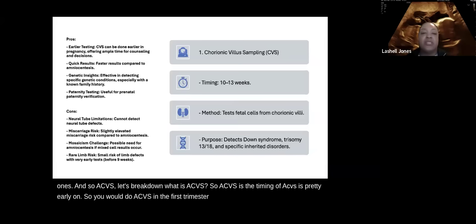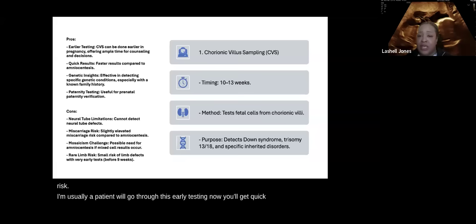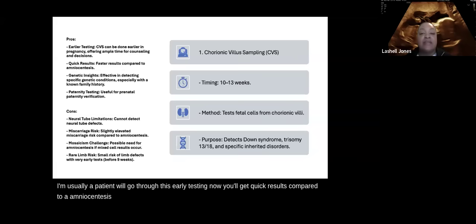Here it's mentioned 10 to 13 weeks. It is done earlier, and once again, in a case of a positive or high family history risk, a patient will usually go through this early testing. Now you'll get quick results compared to an amniocentesis. And it is a definitive diagnosis in this particular case.